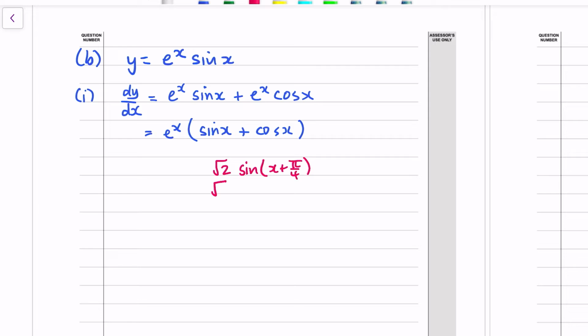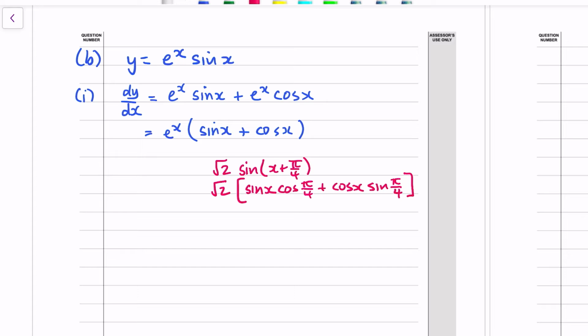So I could write that as root 2 sine of x cos of pi over 4 plus cos of x sine of pi over 4. I'm using a trig identity there. And then cos pi over 4 is 1 over root 2. And sine pi over 4 is 1 over root 2. And those both cancel with the root 2.